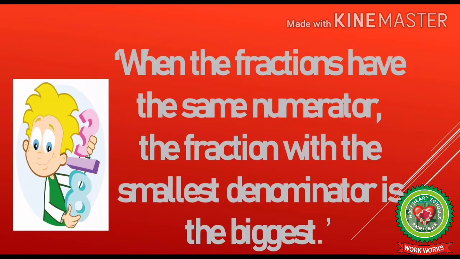When the fractions have the same numerator, the fraction with the smallest denominator is the biggest fraction. Let us take one example: 6 upon 3, 6 upon 9, 6 upon 2, 6 upon 8. As you can see, the numerators of all these fractions are the same.